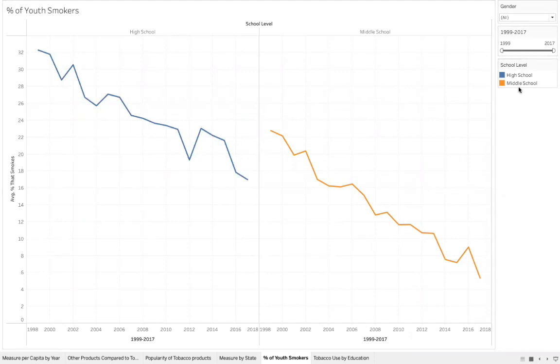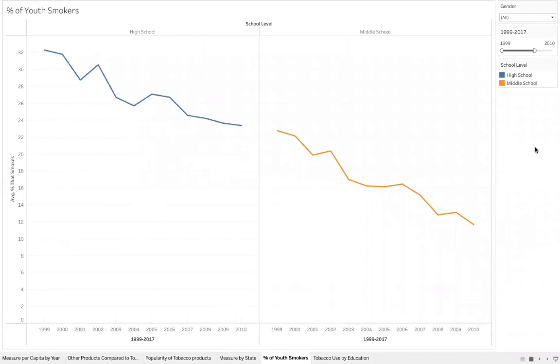And then we have a filter for the years from 1999 to 2017. So there's an ability to show only a certain year, or let's say 1999 to 2010 if we wanted. And it makes it easier to compare or differentiate the data between the two school levels. So let's go ahead and say if we were to do that, we can see how that changes.